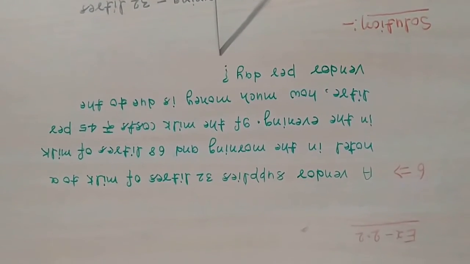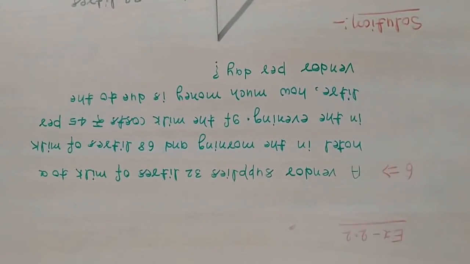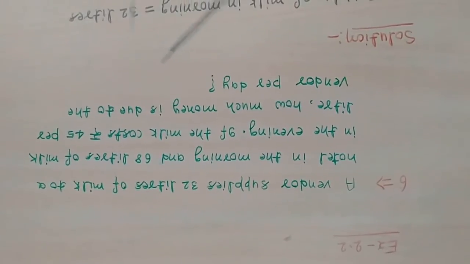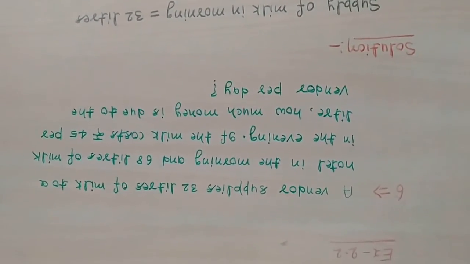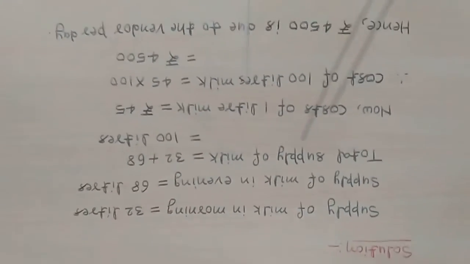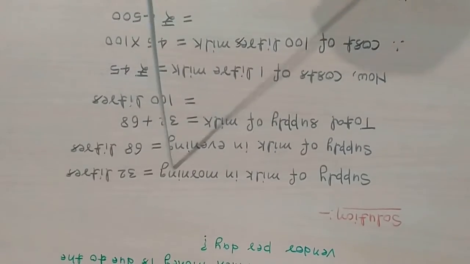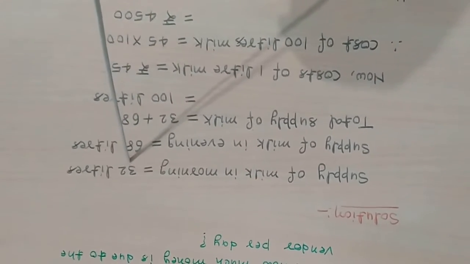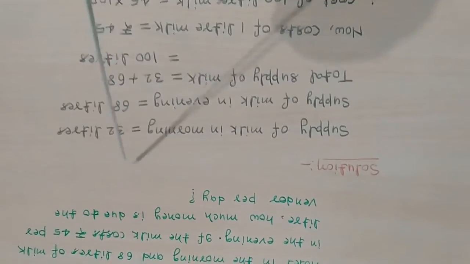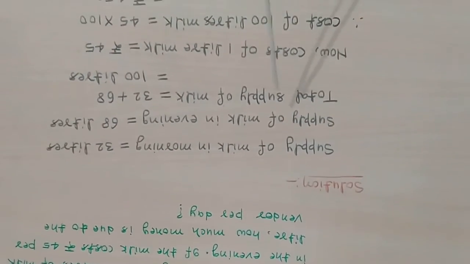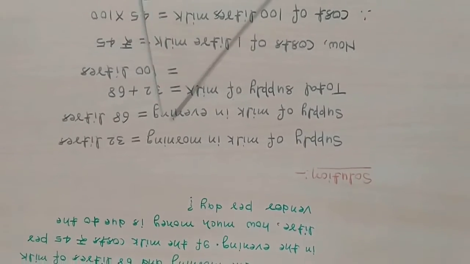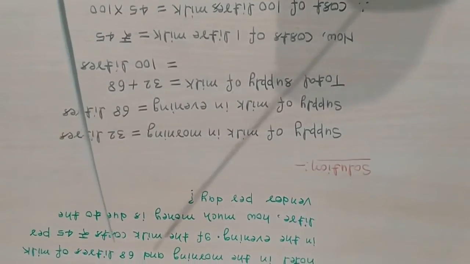Let's see the solution of this question. First write the supply of milk in the morning, 32 liters, given in the question. And supply of milk in the evening, 68 liters, is given also.